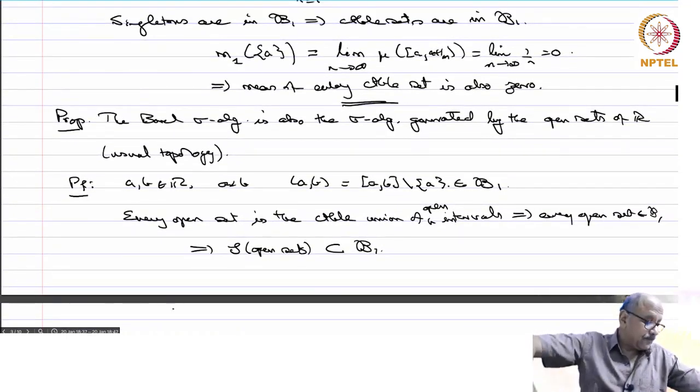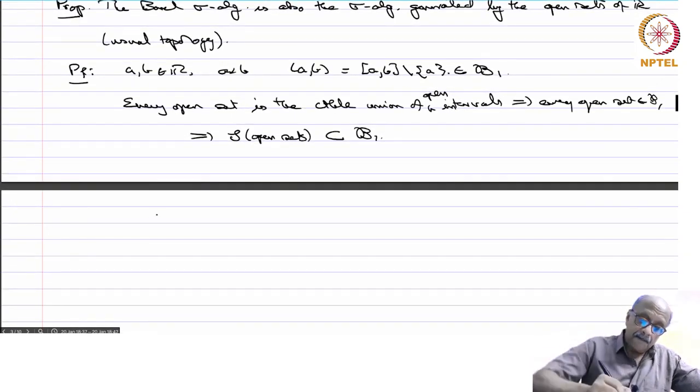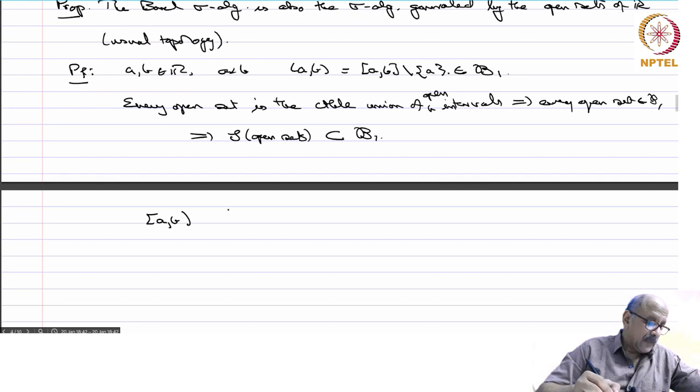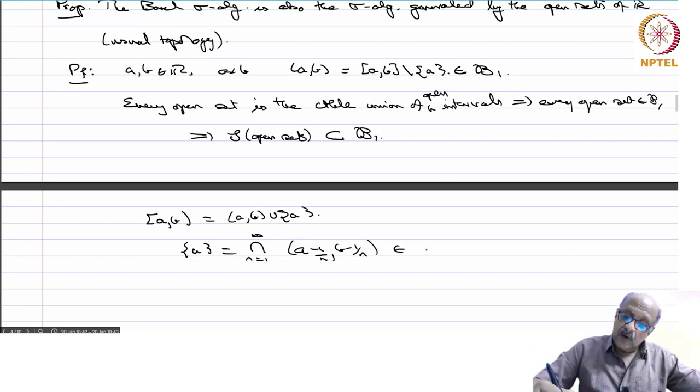Conversely, (a,b] equals (a,b) union singleton {b}, and singleton {a} is the intersection n equals 1 to infinity of (a - 1/n, a + 1/n). So this belongs to S of open sets.